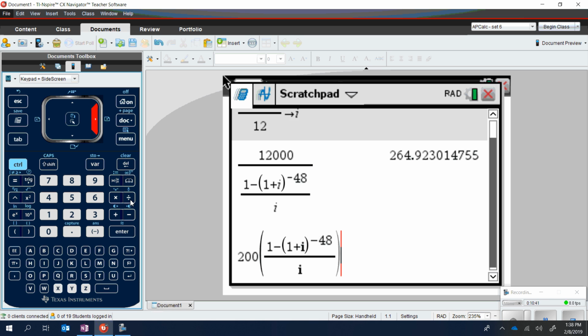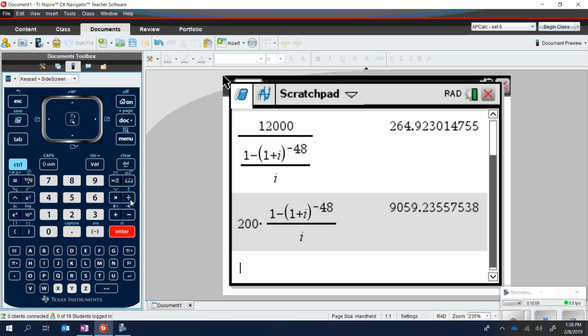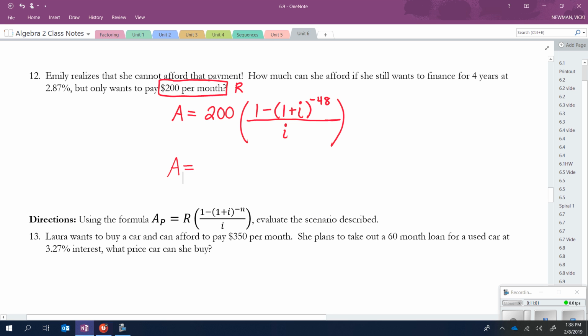How much? $9,059. Okay, $9,059. So probably around $9,000. $9,059.